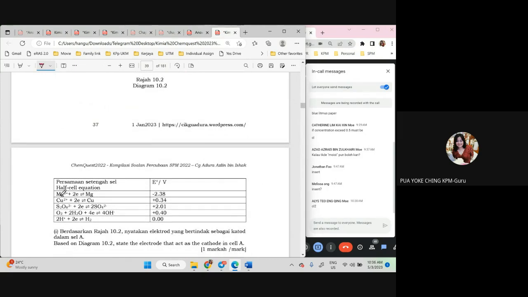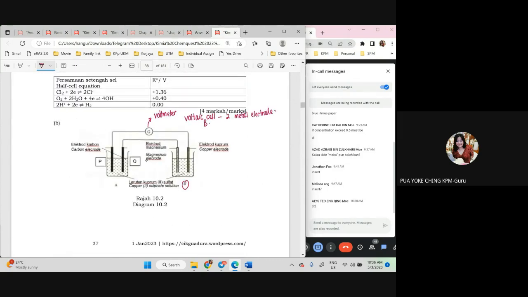Magnesium negatif 2.38. Ini positif 0.34 volt. So ini ialah more negative. Sini oxidation. This is also your terminal negative. Okay.